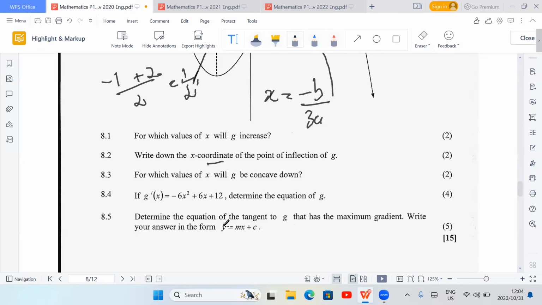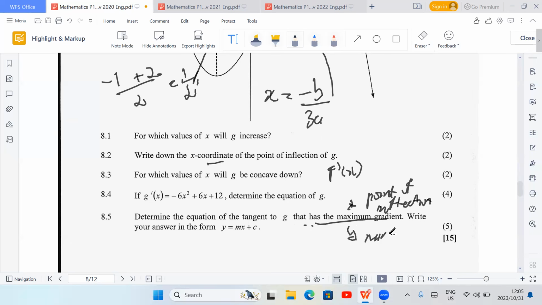And then we know the ones on tangent, again, you have to do your f prime here and then substitute that point of contact. So here they're asking for the tangent that has the maximum gradient. Now know that the maximum gradient occurs at the point of inflection. So if they come there and say, determine the equation of the tangent that occurs at the maximum gradient, the maximum gradient can occur at the point of inflection, meant to say.